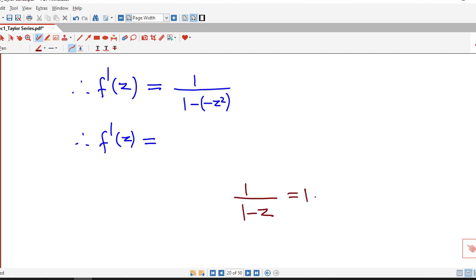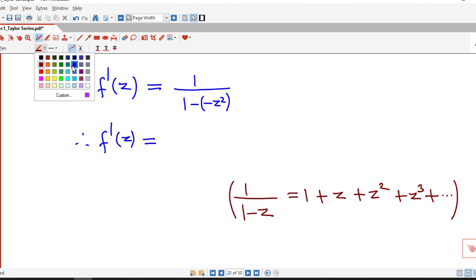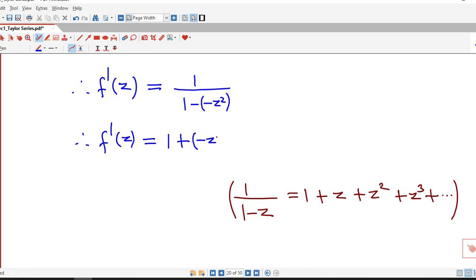We know that 1 over 1 minus z is 1 plus z plus z square plus z cube, and so on. Therefore here we have 1 minus z square plus z raised to 4 minus z raised to 6, and so on.